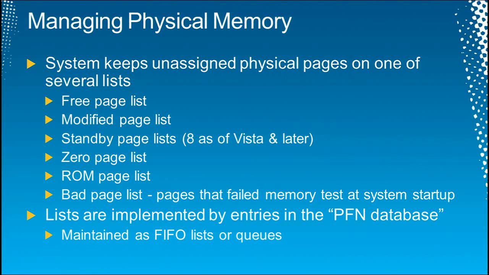So the zero page list is basically a front link pointing at one of the pages, and that page points at the next one in the list, and that page points at the next one, and so the list weaves through the page frame database. Same thing with working sets. Working sets are separate lists, but they point at these pages in the PFN database. And these lists are all FIFO lists, or queues.